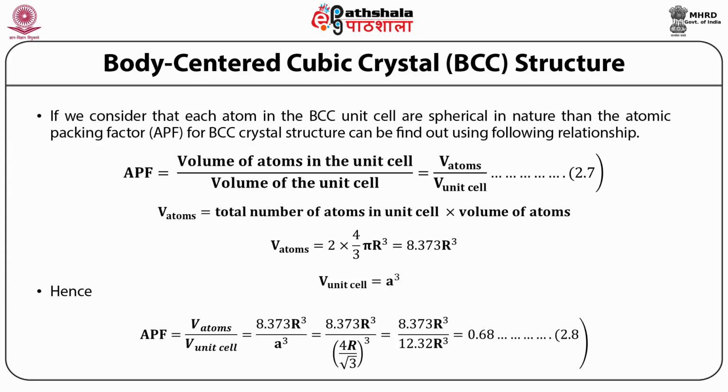Hence, the APF for BCC crystal structure is 68%, which means 68% of the volume of the unit cell is occupied by atoms and the remainder is empty. Since atoms could be packed closer together, BCC structure is not a close packed structure. Various metals such as iron, tungsten, chromium, and molybdenum exhibit BCC crystal structure.